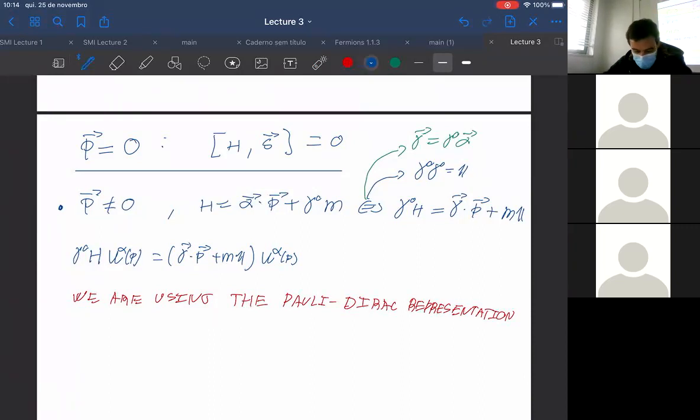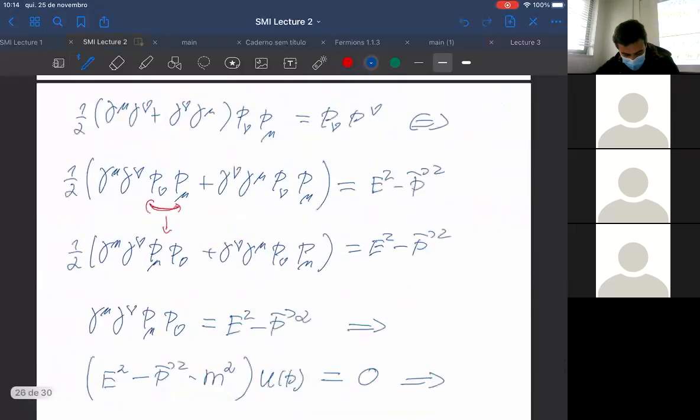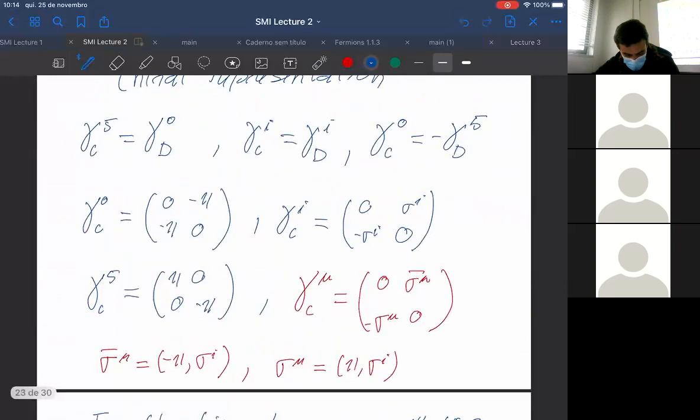So let's use the gamma matrices of this Pauli-Dirac representation, in 2 by 2 blocks. Let me show you these matrices once again. They were already given here.